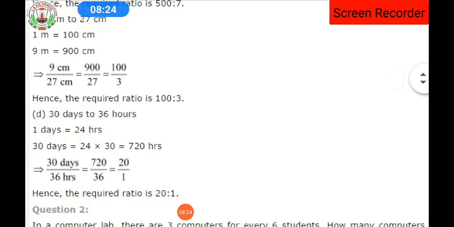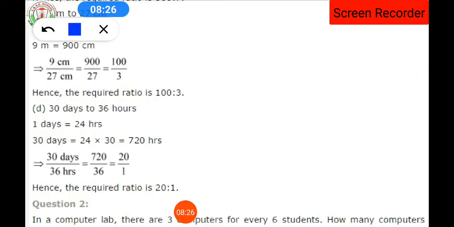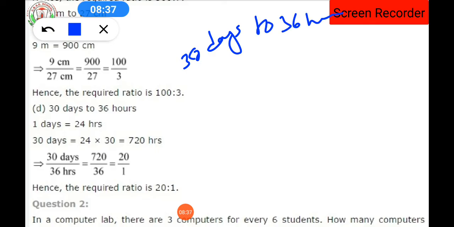Moving towards the D part of the question, we can see that 30 days are given. How many days are given? 30 days. Okay. And 36 hours it is given. As we know that the units are different, we have to convert them into the same unit, isn't it? So 1 day is equal to how many hours, students? 1 day is equal to 24 hours.